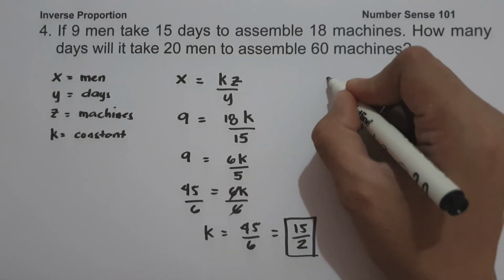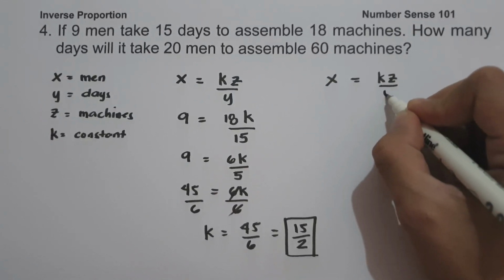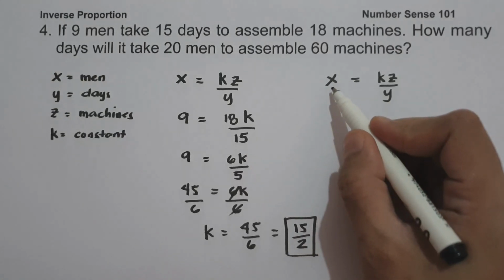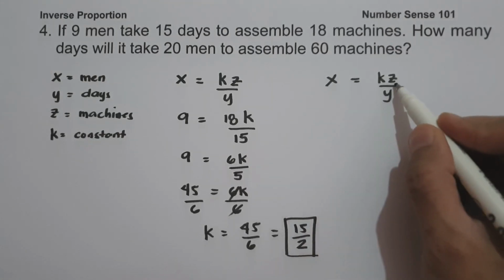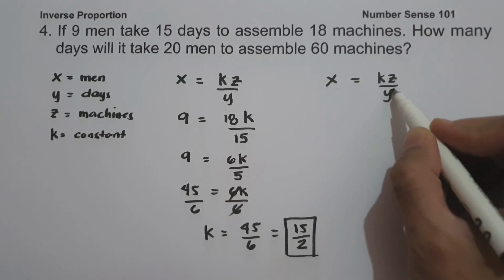And then let us have x equals kz over y. So x, that is the number of men, z, that is the number of machines, and y, that is the number of days. So we are looking for the number of days.